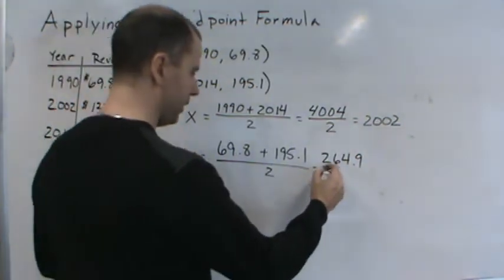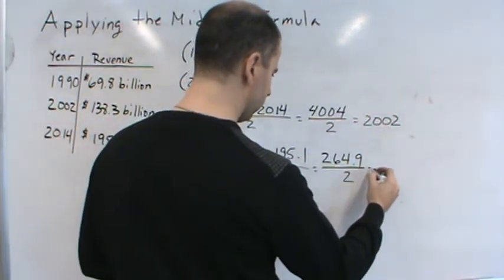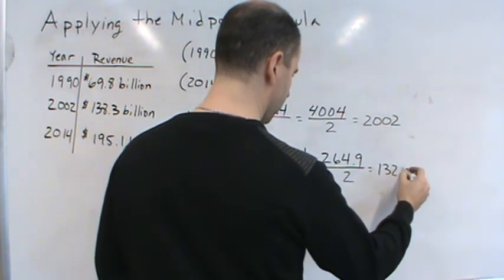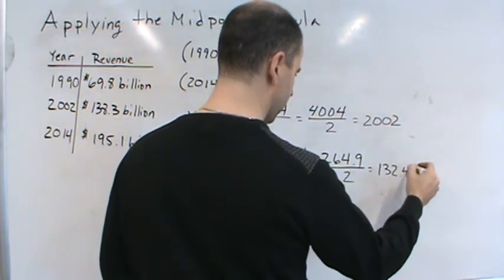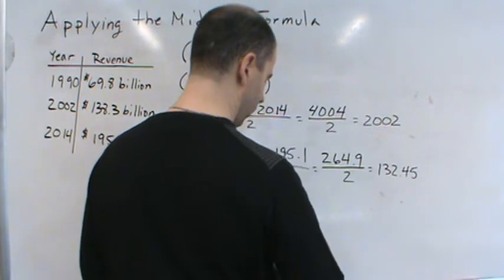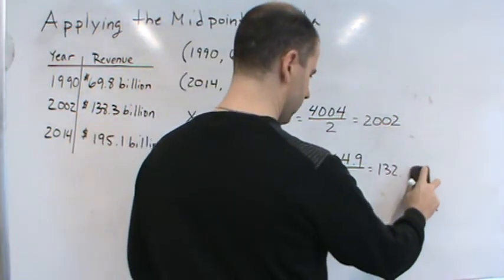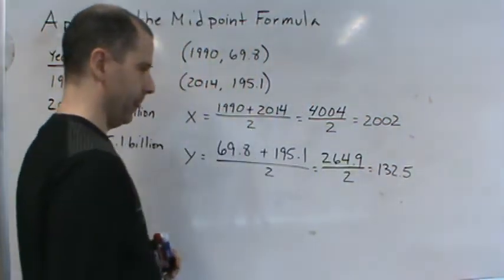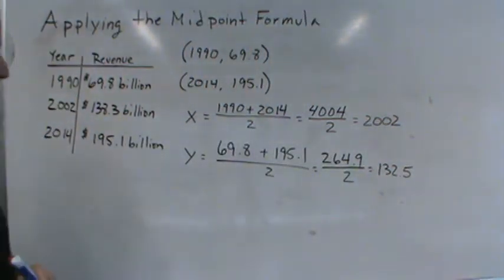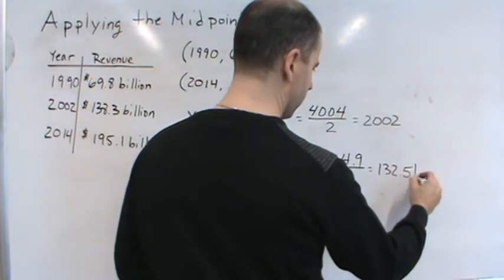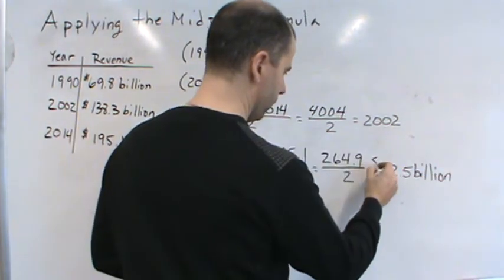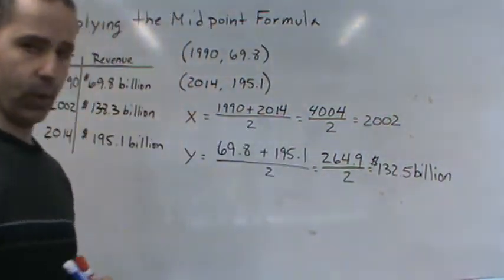And we're going to divide that by 2. And we get 132.45 billion. Or if you want to round to the nearest decimal, and this is billion.